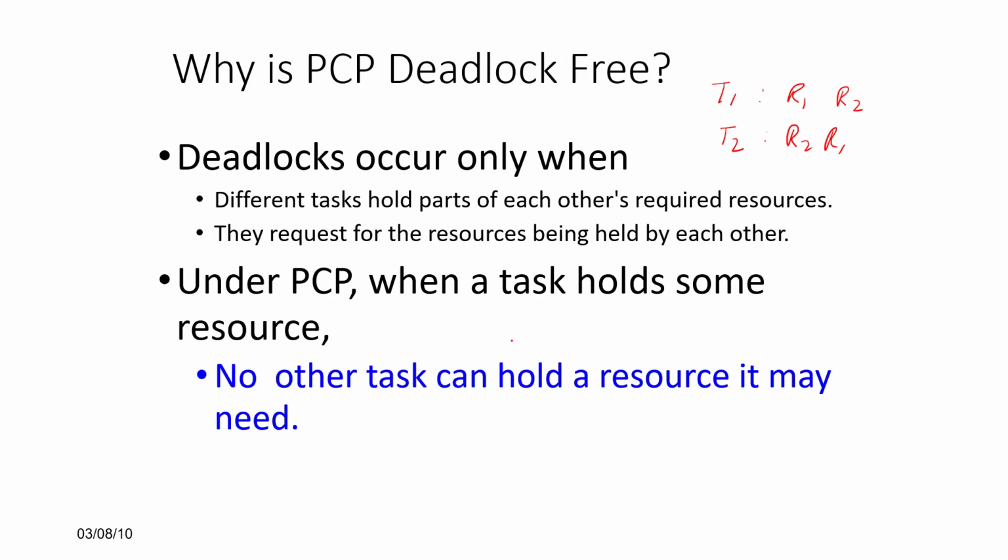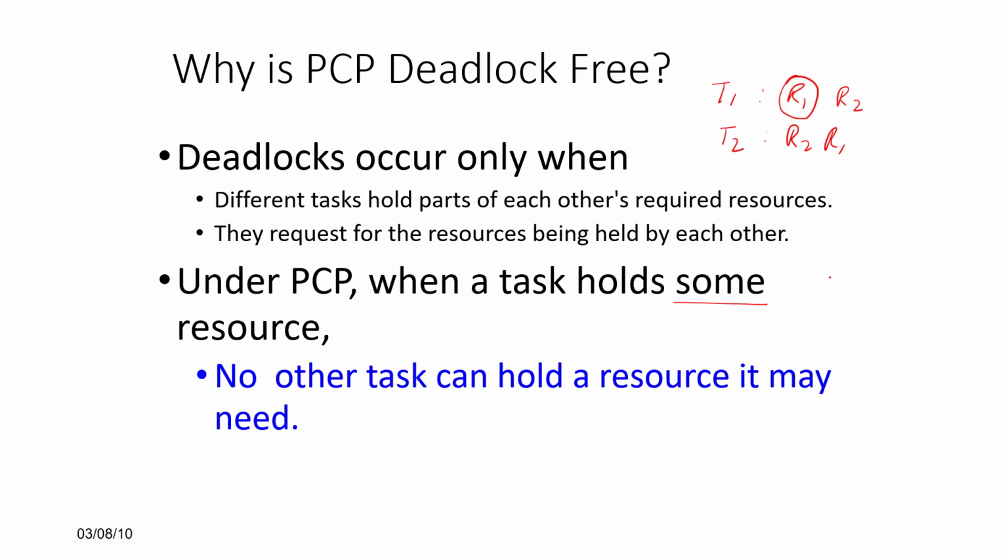But under PCP, when a task holds some resource, let us say it holds resource R1, and T2 is interested again in that same resource. Why are you having a deadlock? Because T1 and T2 are interested in both the resources R1 and R2.